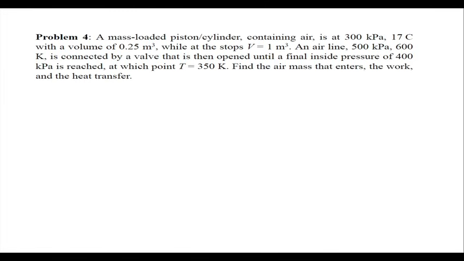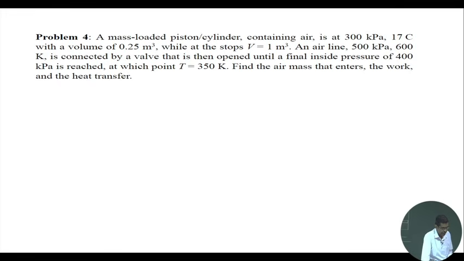This is problem 4; 3 problems were solved last class. A mass loaded piston cylinder containing air is at 300 kilopascals and 17 degrees Celsius with a volume of 0.25 meter cube. While at the stops, V is equal to 1 meter cube.